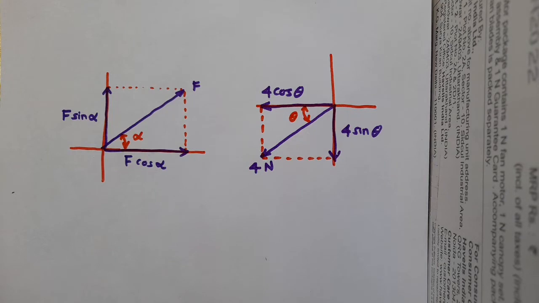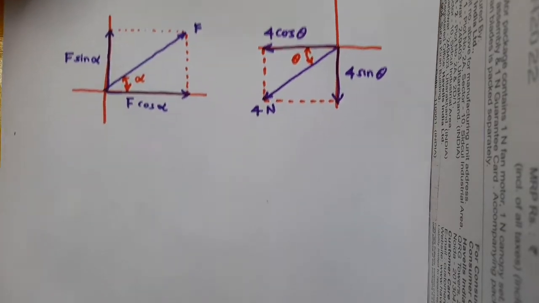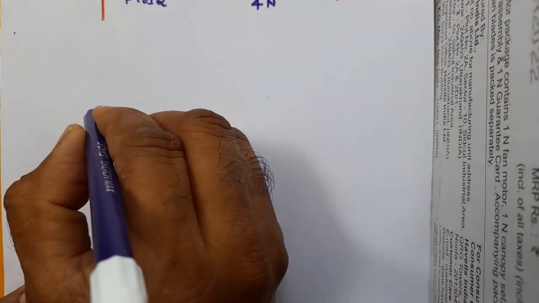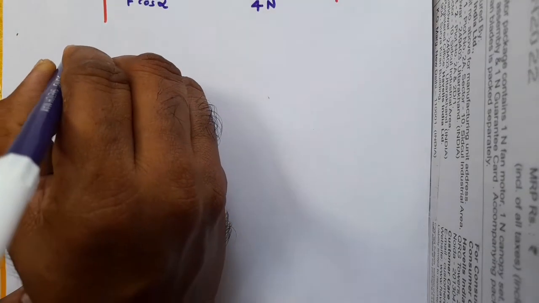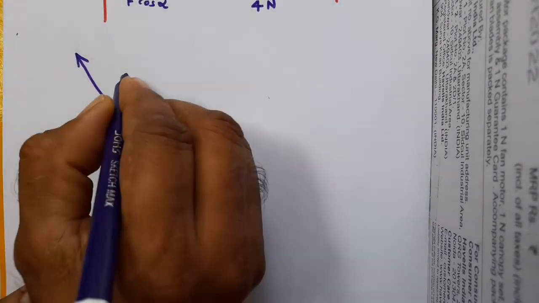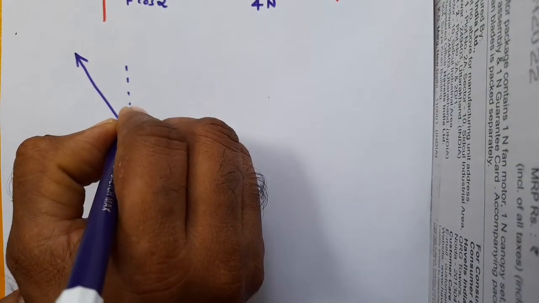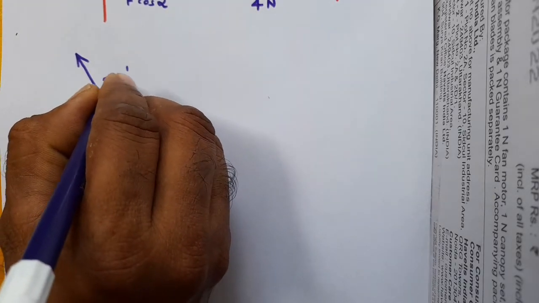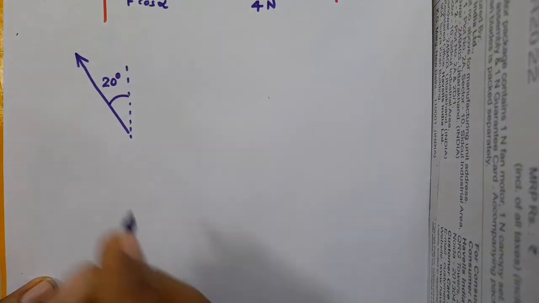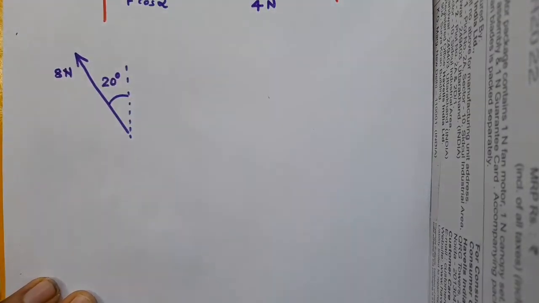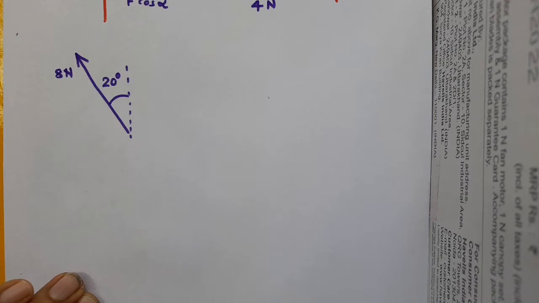Now let us take another example. Say for example, you have a force here, and this force makes say 20 degrees with the vertical. The force measures 8 Newton, and you want to resolve it.